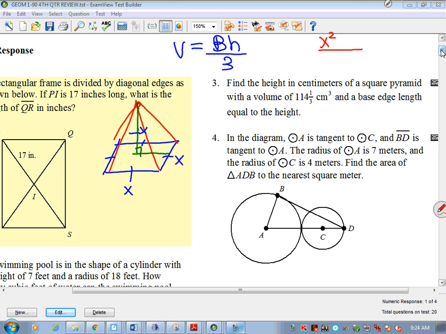X squared. And what is the height? X divided by 3. Can I simplify x squared times x? What is that? X cubed. So we could rewrite that as x cubed over 3. Can you follow me so far? They told me what the volume equaled, correct? What did the volume equal?